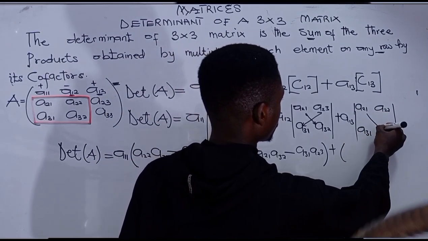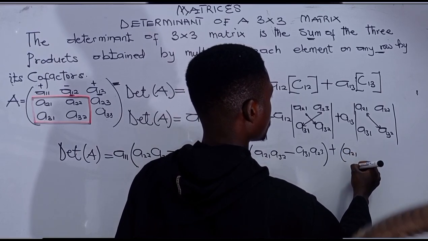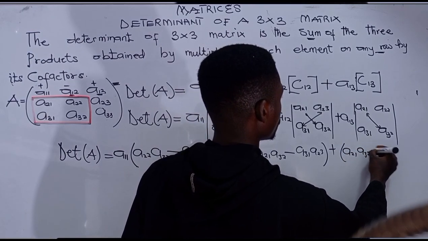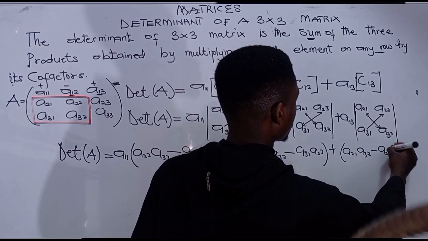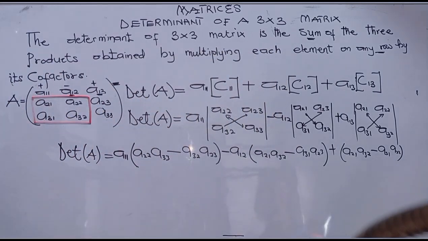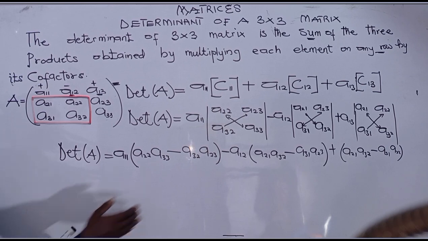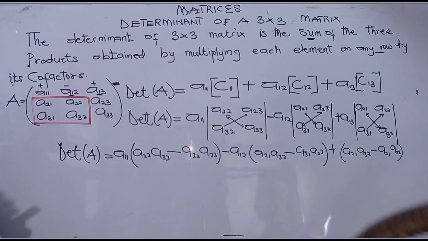We find the determinant of this square matrix: this will multiply that, A21 multiplying A32, minus this times that, A31 multiplying A22. At this point, we can leave it. So this is how you find the determinant of a 3 by 3 matrix, as easy as ABCD. We are going to take examples to see how we can apply this concept to find the determinant of a given matrix.